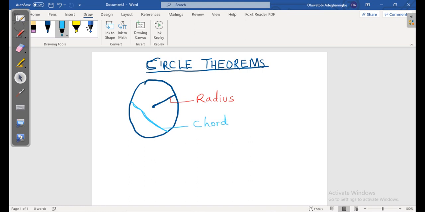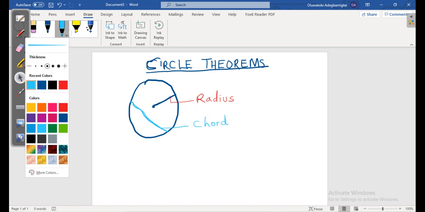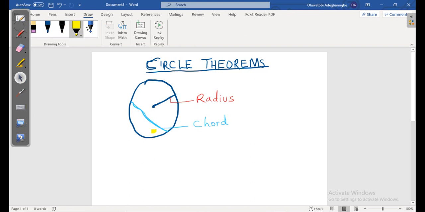Now, when you call that a chord, this inside part here, let me shade it for you to see. This inside part is what we refer to as a segment.